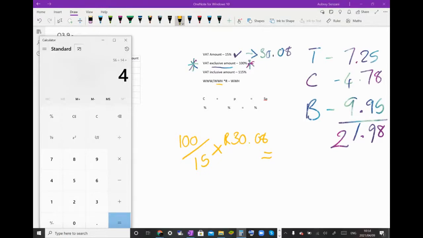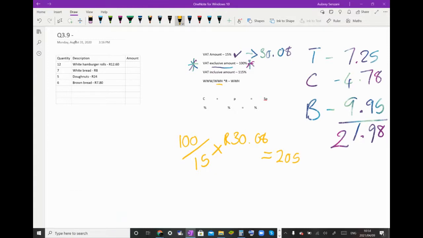So here we're saying times 100 divided by 15. Okay, 253. Oh, goodness me. Okay, there we go. All right. Done. And then we can move on to the next one.